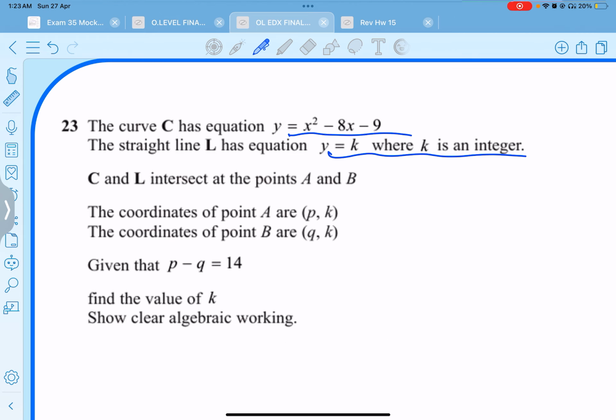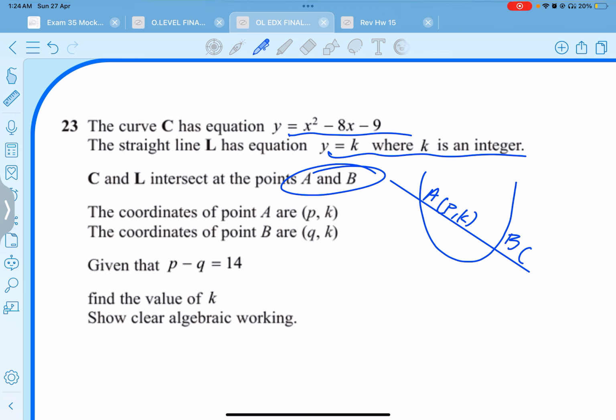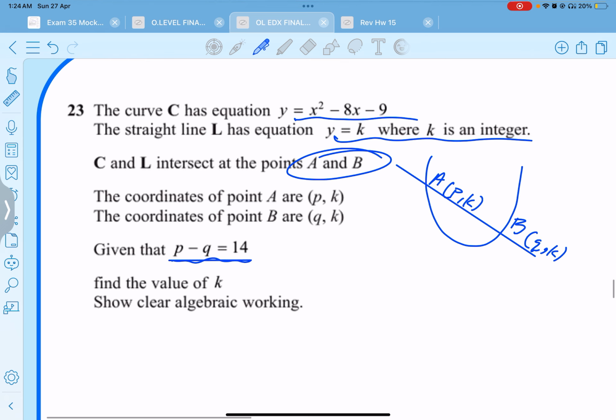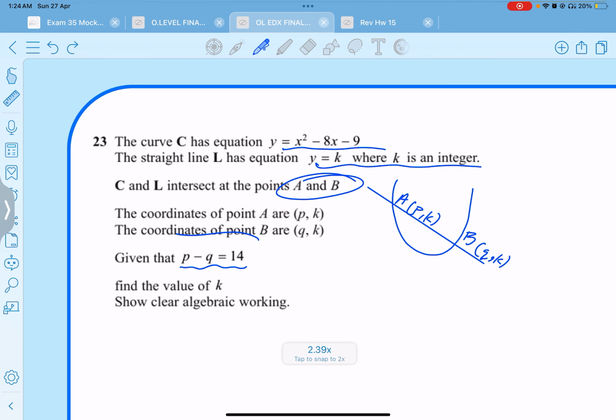So curve C has an equation y equals x squared minus 8x minus 9. The straight line L has an equation y equals k, where k is an integer. So C and L intersect at points A and B. So I have curve C and line L. They intersect at 2 points A and B. A is P and K. B is Q and K. Given that P minus Q is equal to 14.